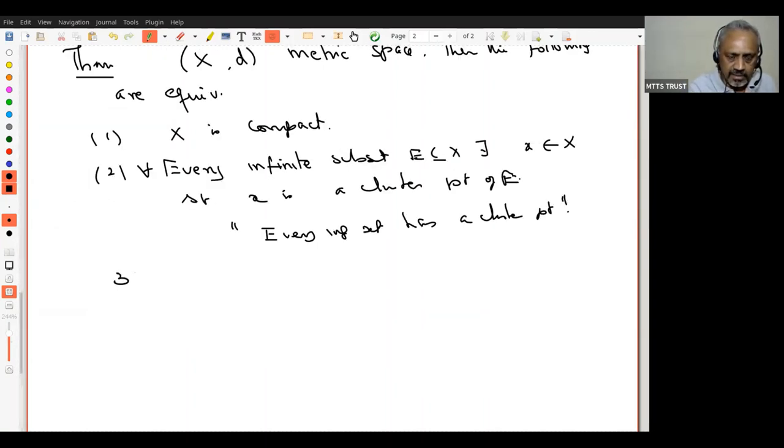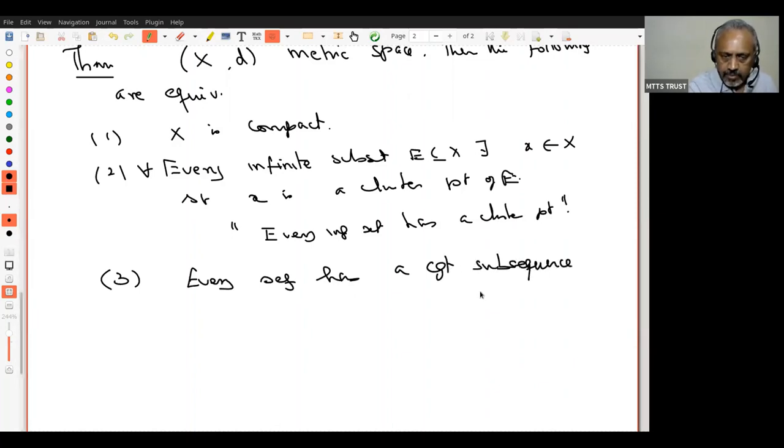Okay, the third is every sequence has a convergent subsequence. Every sequence in X, of course, because X has to be there.